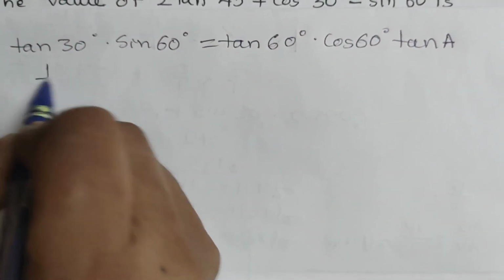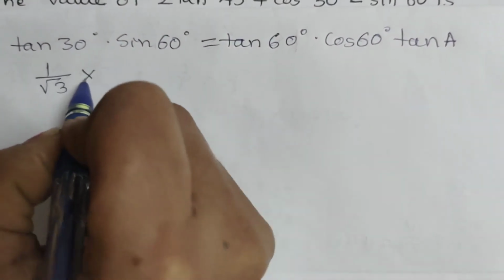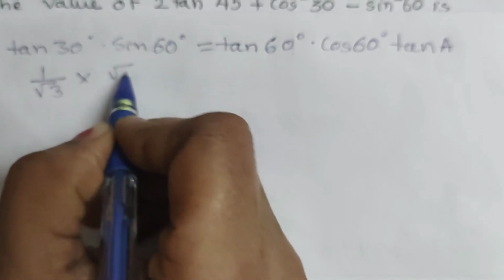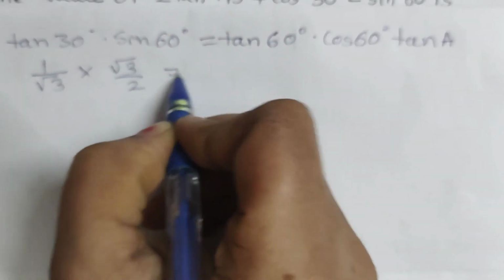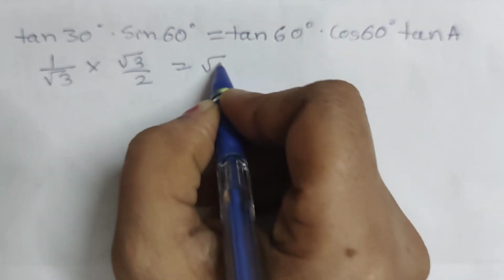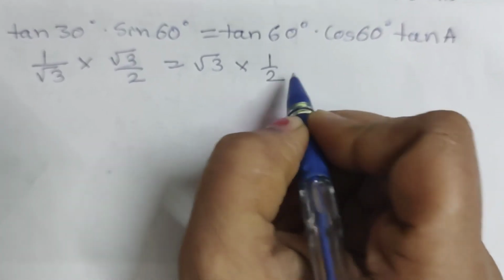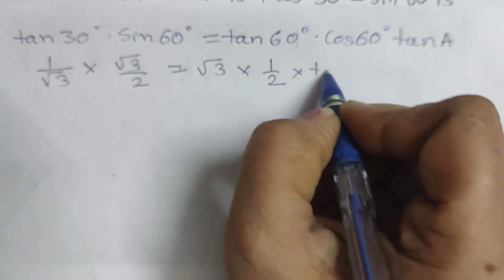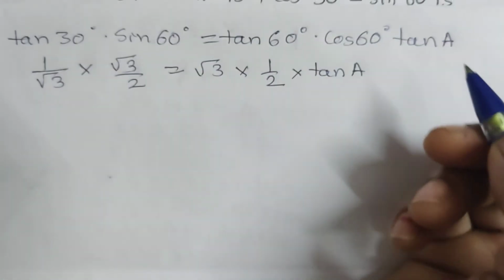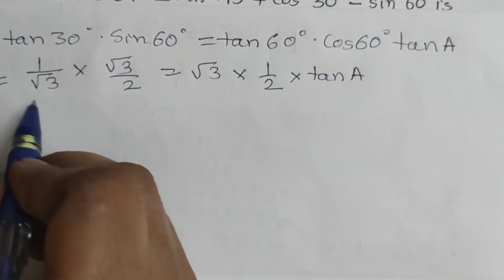Tan 30 degree is 1 upon root 3 into sin 60 degree is root 3 upon 2 is equal to tan 60 is root 3 into cos 60 is 1 upon 2 into tan A. Root 3 will get cancelled.